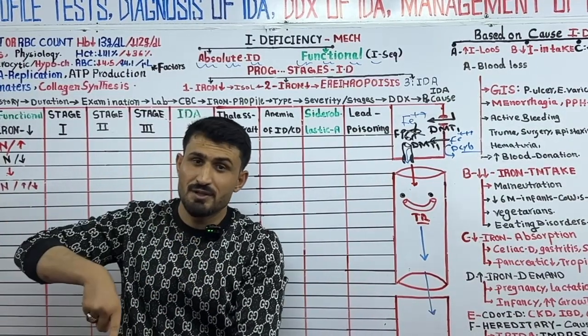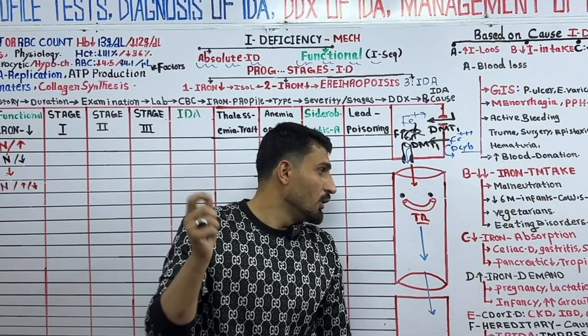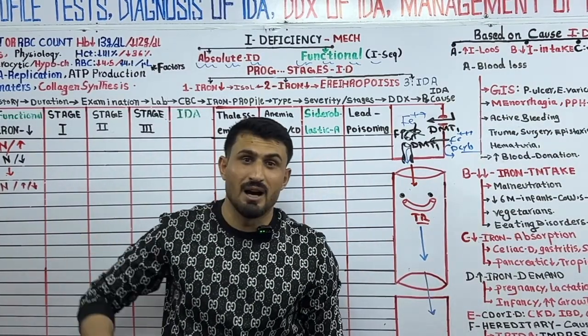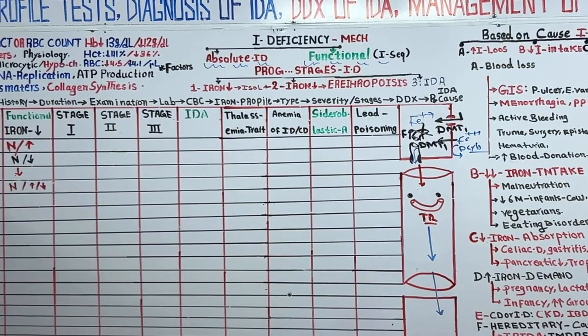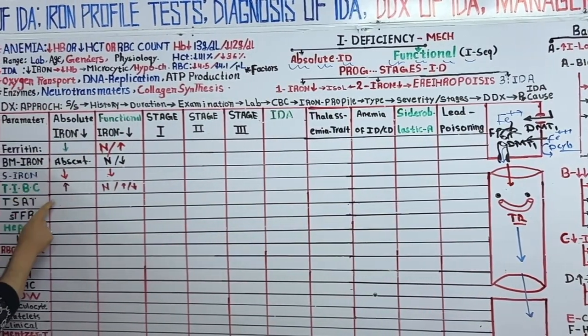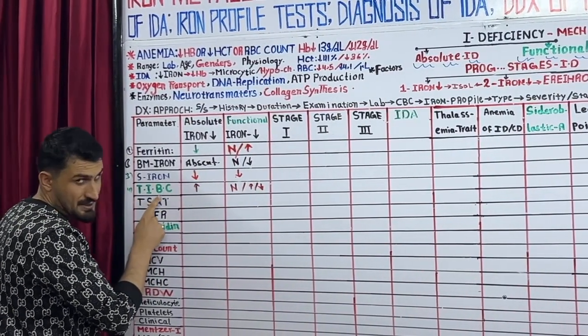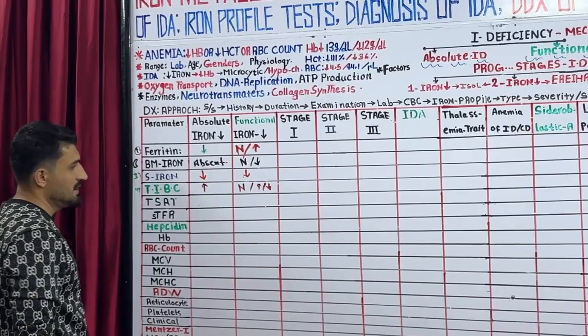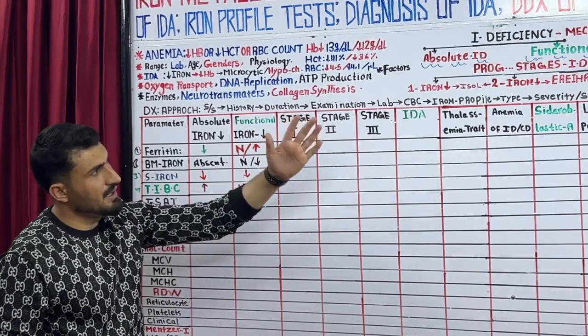But the reverse, how many seats are saturated or filled by the iron, is called transferrin saturation. We calculate transferrin saturation by dividing serum iron by total iron binding capacity times 100. We talked about it, and the net result will be less than 15% in iron deficiency anemia.